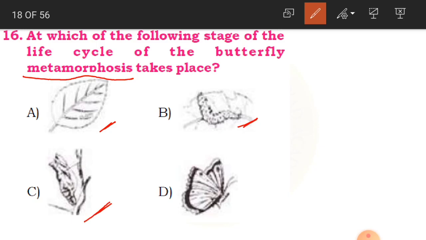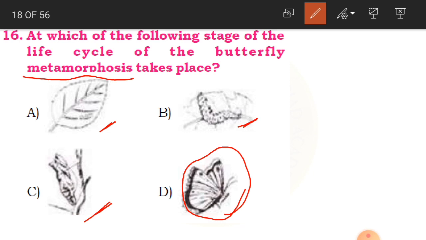Again the third stage, that is C. This is the pupa, where it has got the skin formed and it is going to shed the skin many times, which we call molting. After shedding the skin many times, it is going to become a butterfly. So the physical change where it becomes an adult.